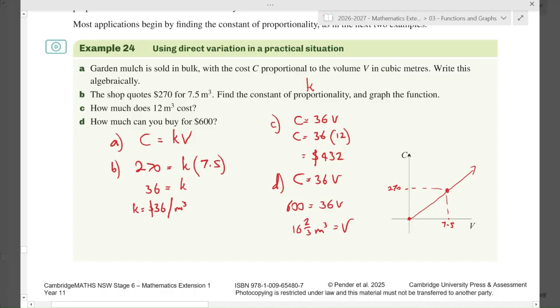So you get 16 2/3 meters cubed. Everyone cool with that? Do it as a fraction. Fractions are exact. If you got 16.667, if you got 16.66 repeater, either of those will be fine. Fractions are just exact.